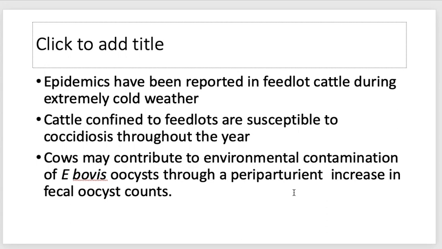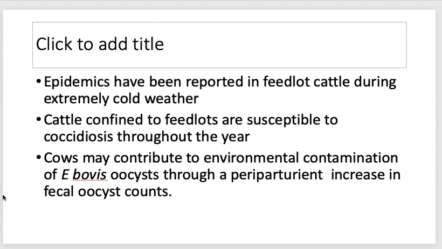That period of young age of an animal is what we call the periparturient time. So cows during this time have an increased level of fecal oocyst count. These young cows or young cattle contain a large amount of oocysts during their periparturient time, so they increase contamination of the environment with E.